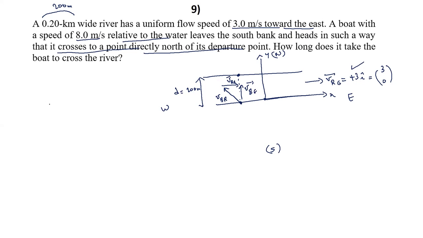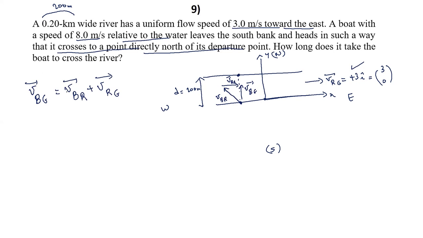Now let's write that. You know that velocity of the boat with respect to the ground is equal to velocity of the boat with respect to the river plus velocity of the river with respect to the ground. Now what I need to do here is write it component by component. So this is a vectorial equality.